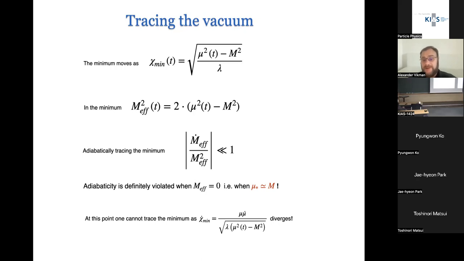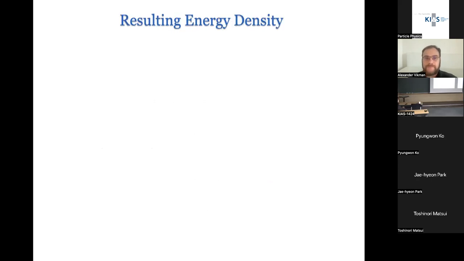So one can especially see that you cannot follow this minimum because you can calculate the velocity of the minimum, so basically psi minimum dot. And of course, when the m effective goes to 0, then naively this psi minimum would diverge, and that's of course not what we are allowed to have.